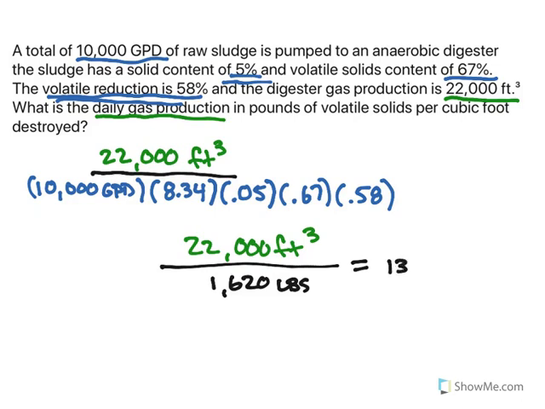And I finish with 13.58 cubic feet of digester gas per pound of volatile solids destroyed.